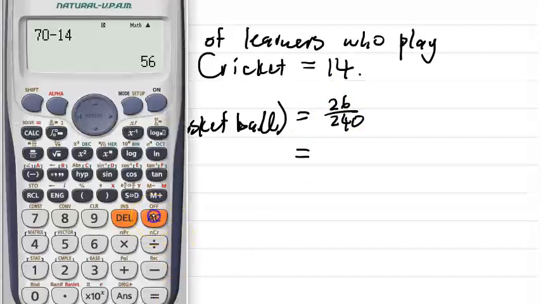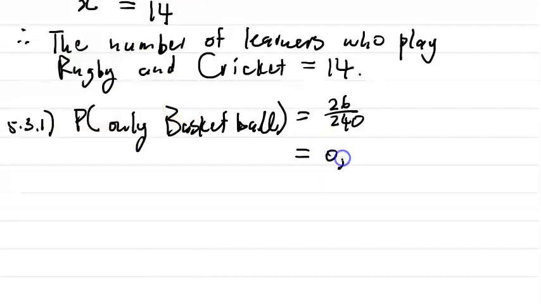So that will be 26 divided by 240, and to 3 decimal places will be 0.108.